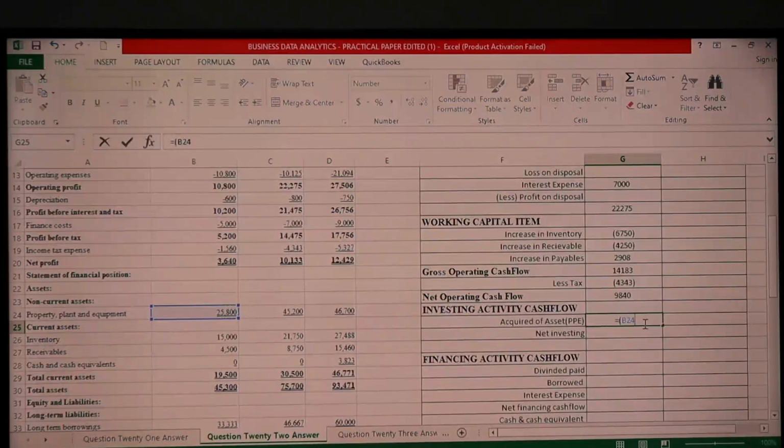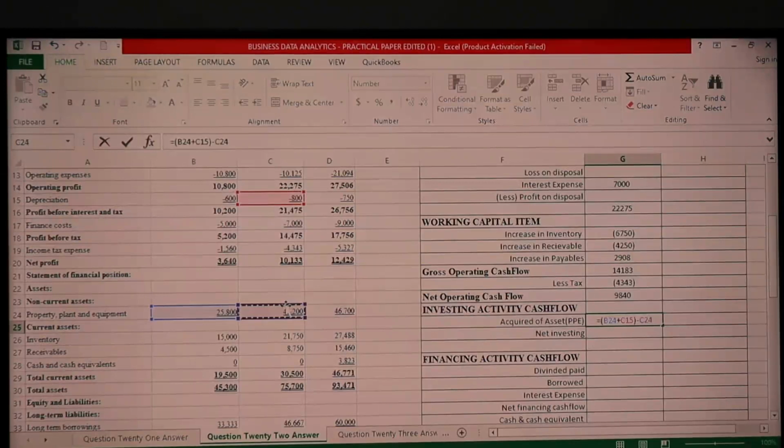So we are going to add depreciation because the depreciation was already in negative 800. So we reduce, take this reduced depreciation. Then from there, we minus the value for 2021.